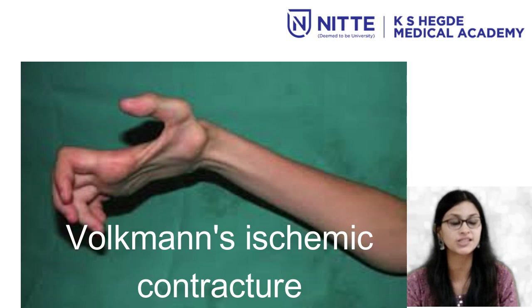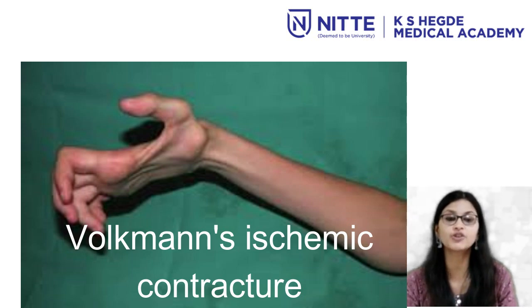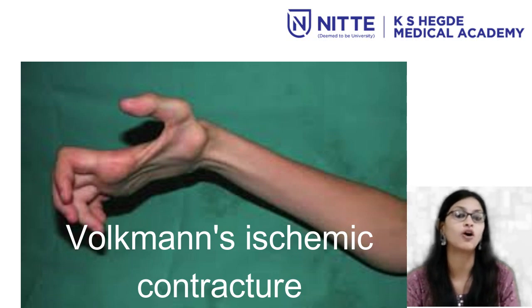Now about Volkmann's ischemic contracture. Injury to the brachial artery in a supracondylar fracture of the humerus. There will be compression of the brachial artery, because of which there will be interference with the blood supply. It results in ischemia. There will be fibrosis and contracture of the forearm muscles due to the loss of blood supply.